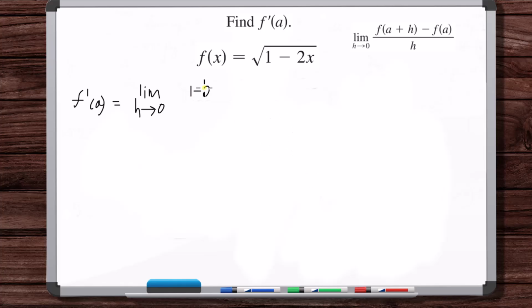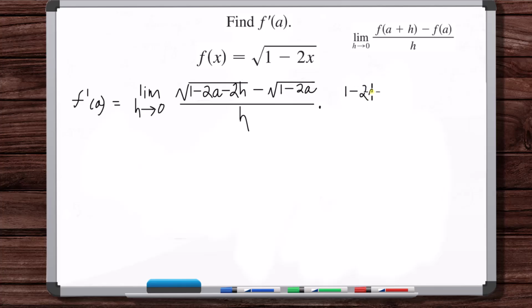So the square root of 1 minus 2a minus 2h, minus f of a, all over h. Now let's multiply this by 1 in the form of the conjugate of the numerator.